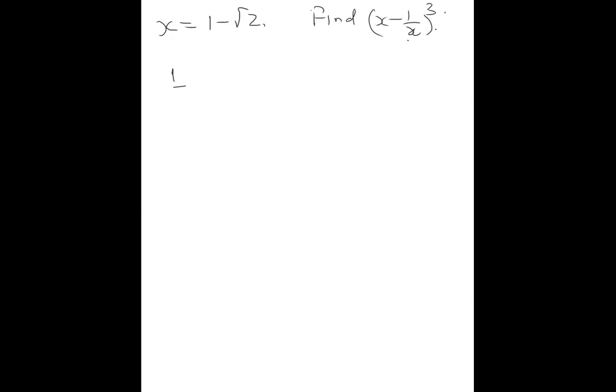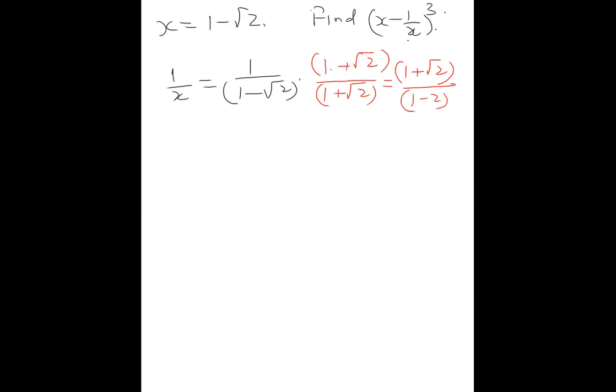So 1 by x is equal to 1 upon 1 minus root 2. Now the role of the conjugate will come here. The conjugate of this is 1 plus root 2. So this is 1 plus root 2 upon 1 minus 2, that's minus 1, so minus 1 minus root 2. So 1 by x is coming as minus 1 minus root 2.